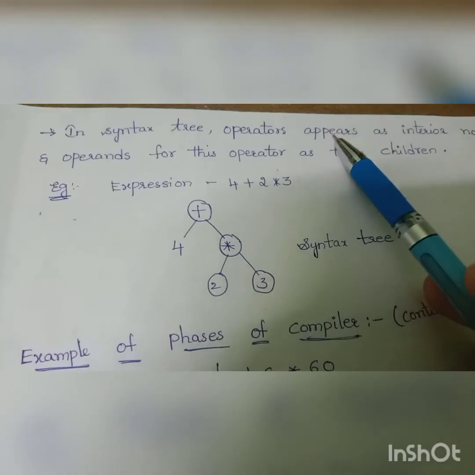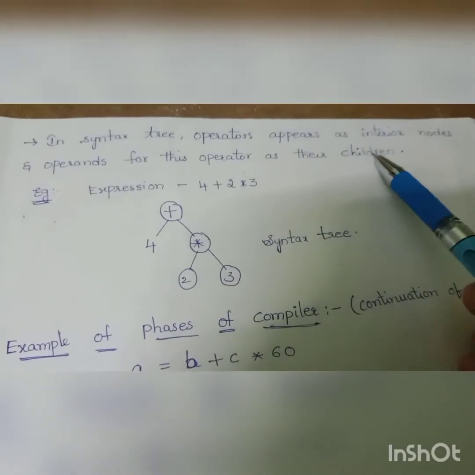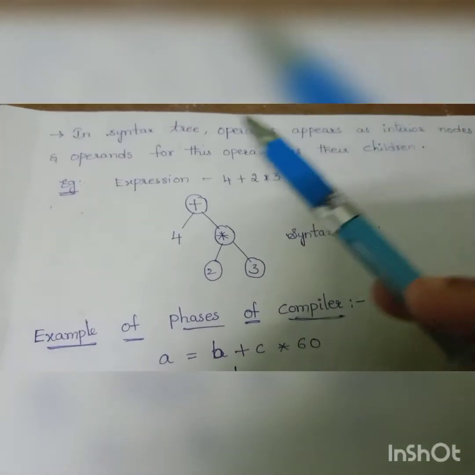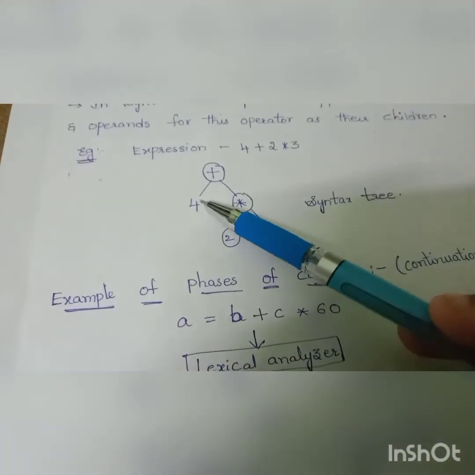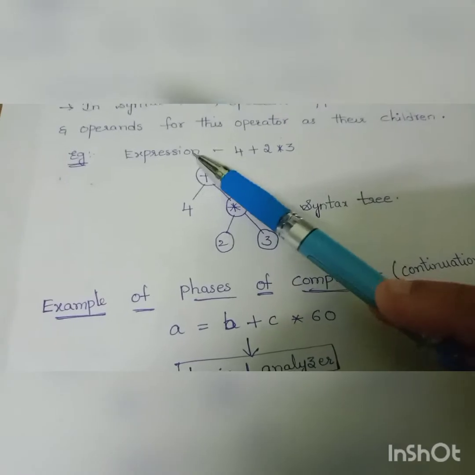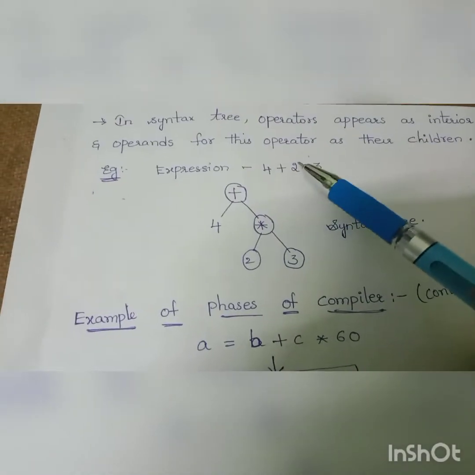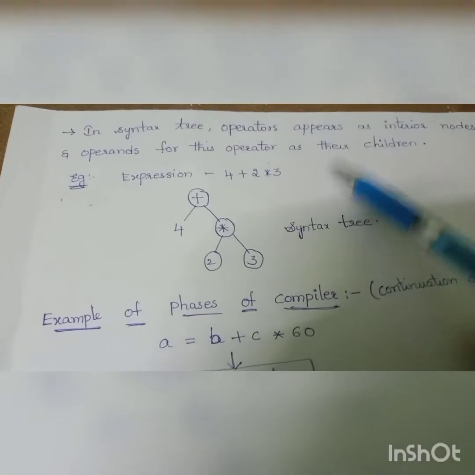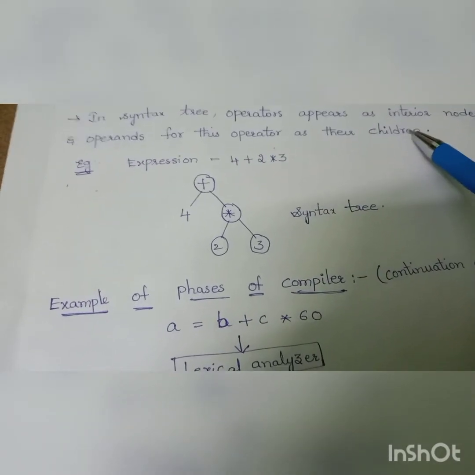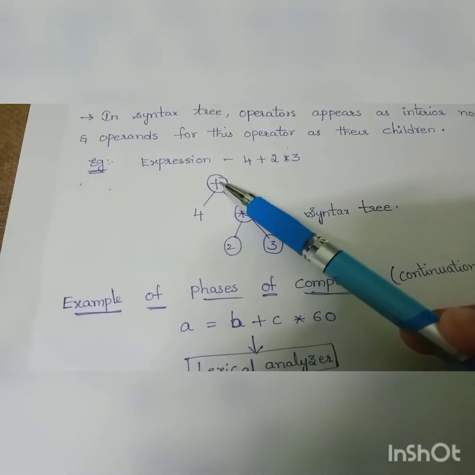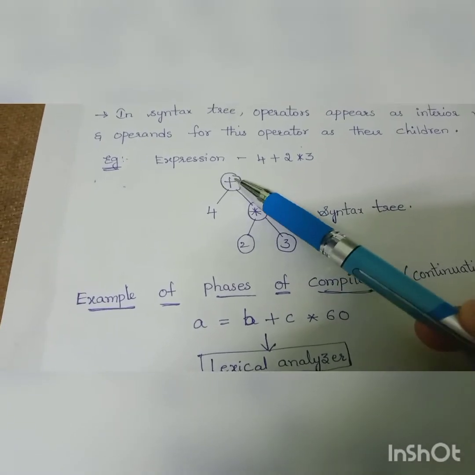In a syntax tree, operators appear as interior nodes and the operands for the operator as their children. The expression we have taken is 4 plus 2 into 3. Operators will appear as interior nodes. We have considered here the addition operator.